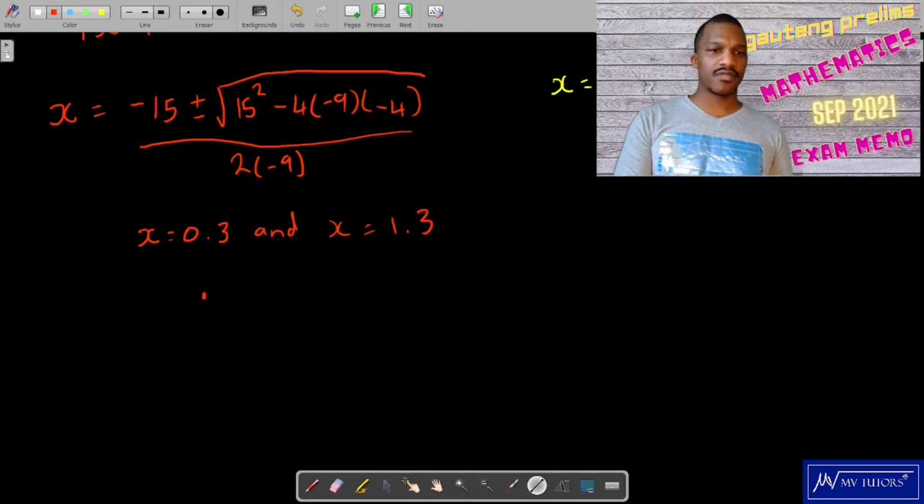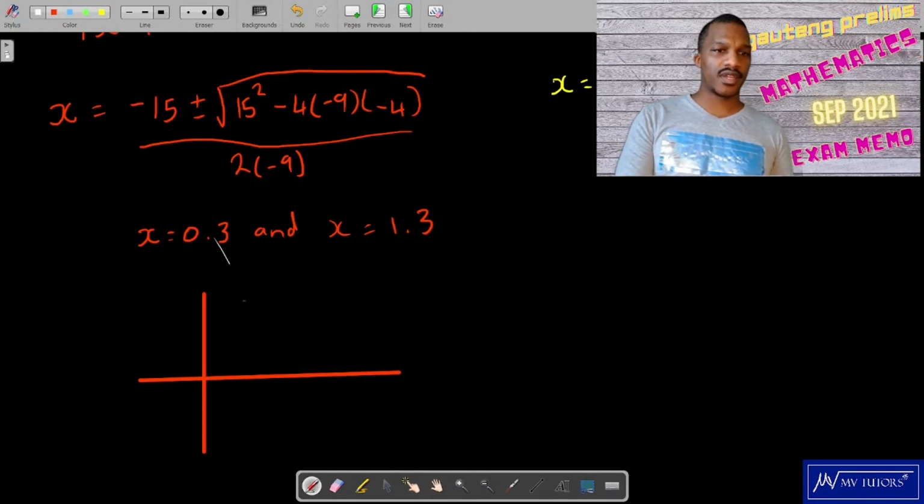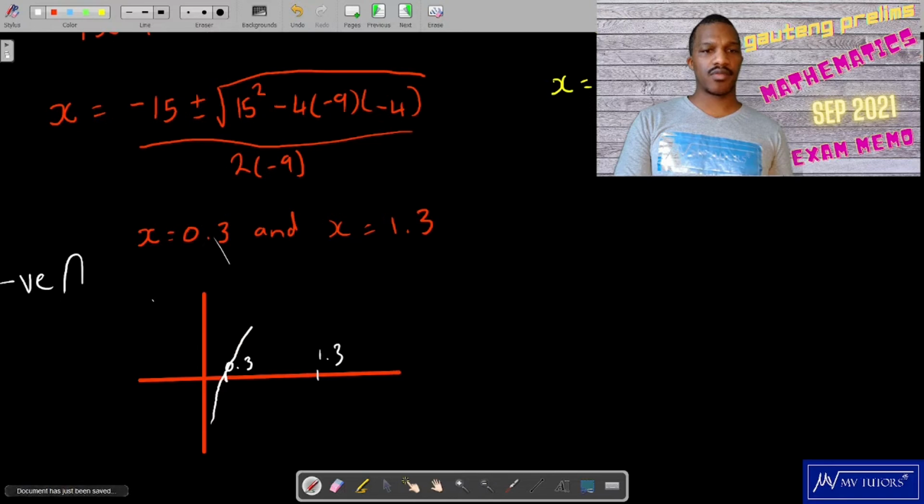If we have a graph, okay, the graph is going to be like this, and then our graph right here at 0.3, let's say 0.3 is there, and then let's say 1.3 is there. And I know that it's a negative graph. A negative graph looks like that. So it doesn't matter where the turning point is, it turns somewhere there and then it comes down.